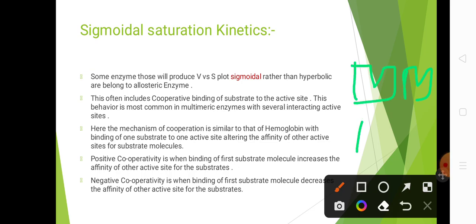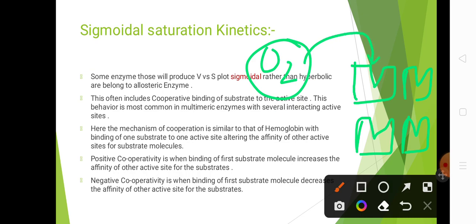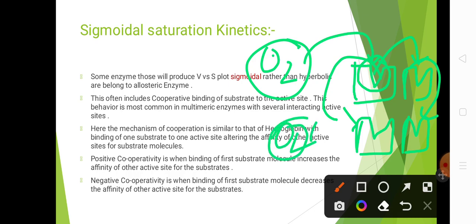So positive cooperativity occurs when one oxygen binds with one active site of one subunit of hemoglobin. As a result, this O2 will induce a conformational change that will in turn increase the affinity for oxygen on the other active sites of the enzyme. As a result, O2 can bind with the other active sites very readily. That is what we call positive cooperativity.